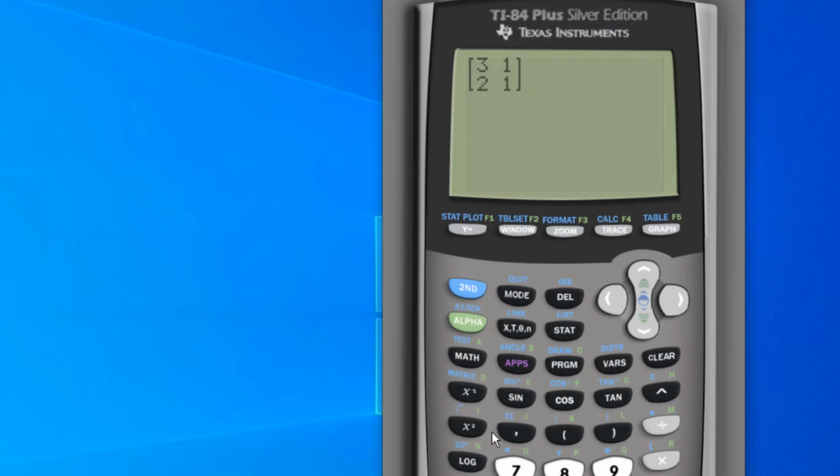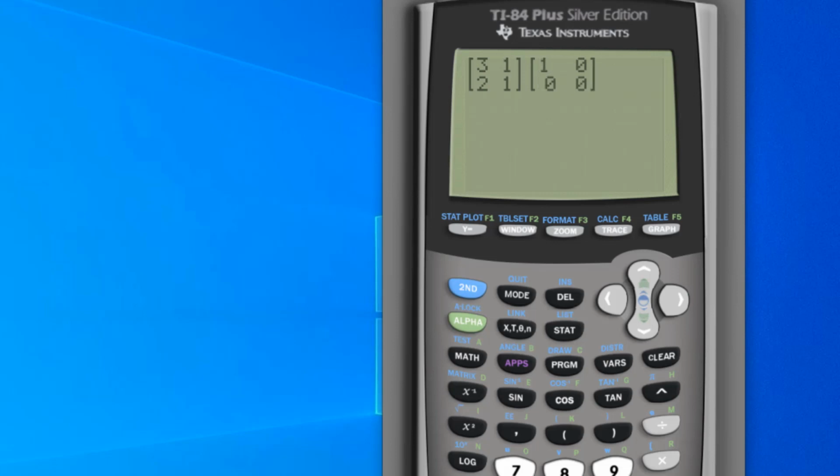So again, go alpha. Same thing again. This will be 2 for the number of rows, hit enter. 2 for the number of columns, hit enter. And then OK, and then just fill it in. Now I'm going to multiply these, but I want to fill in the values that I just showed you in the previous solution.